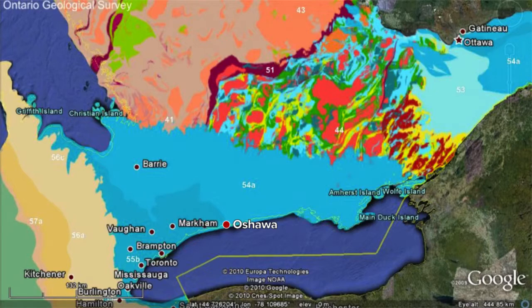But when you overlay it with a geology or a parent material map that I received from the Ontario Geological Survey, you can see that there's a really noticeable line here that kind of bisects southern Ontario from central and northern Ontario.